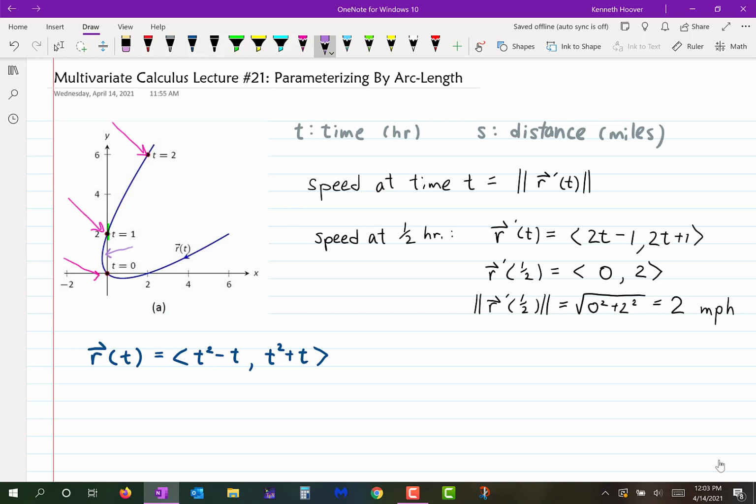Let's calculate how fast we're going at the middle of the second hour. So that would be speed at 1.5 hours. r prime of 1.5 will be the vector 2, 4.